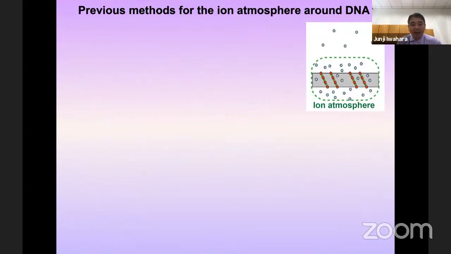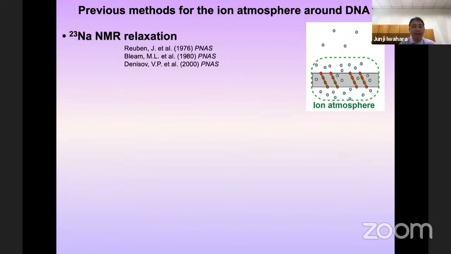Okay, there is a long history of studying the ion atmosphere around DNA. Even in the 1970s, people used sodium-23 NMR relaxation to study interactions between sodium ions and DNA. But quadrupole relaxation is quite difficult to interpret in terms of physical properties of ions.